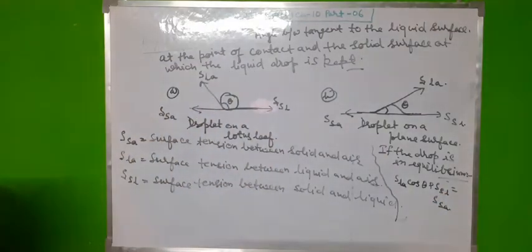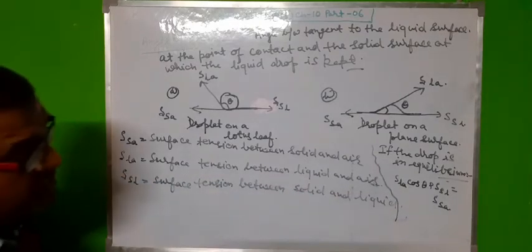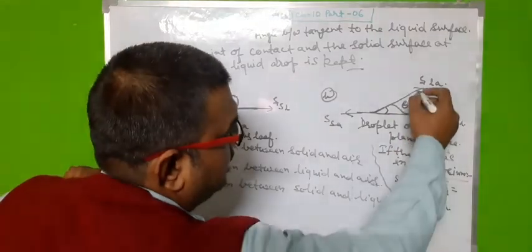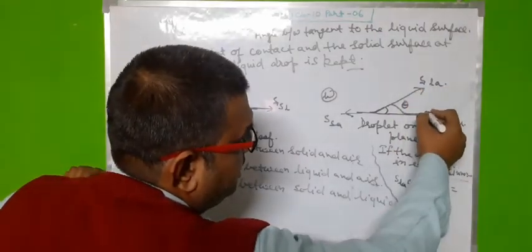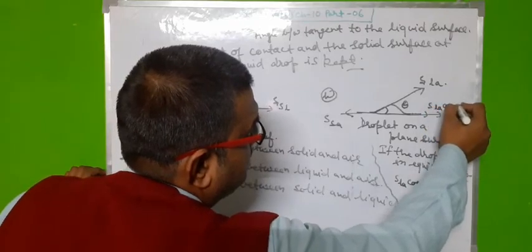Okay students, SSL plus SLA cos theta is equal to SSA. Look here, the component of this along this side is SLA cos theta.